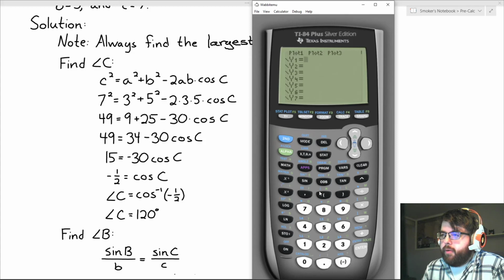Let me just do a graph here real quick. Sorry, I don't think I'm being very clear. It's a little bit of a tangent that I'm on anyway. In my window, I'm going to go from 0 to 180. Remember, we're not concerned about anything greater than 180, because you can't have that in a triangle.